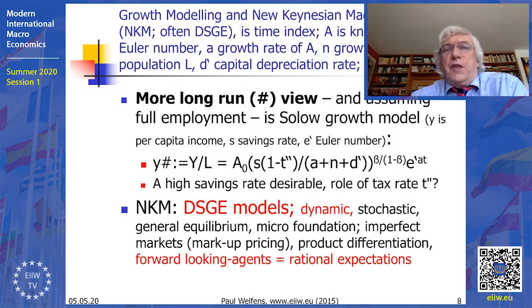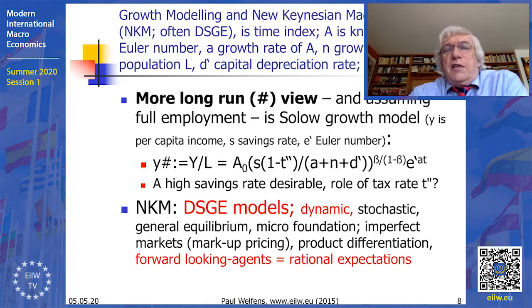Then the more long-run view in a Solow growth model, where we denote per capita income by small y, s is the savings rate, t double prime is the income tax rate, and e prime is the Euler number.